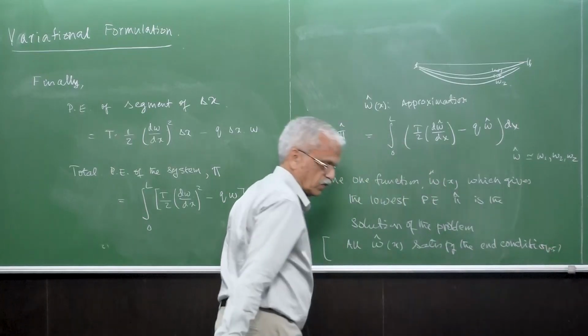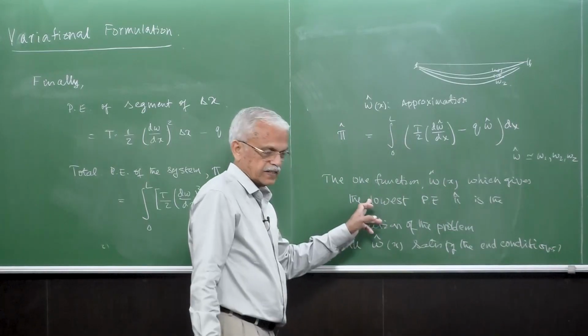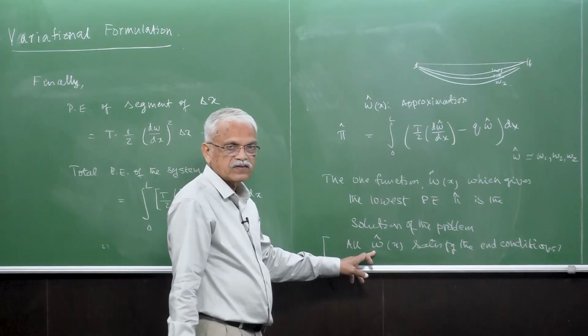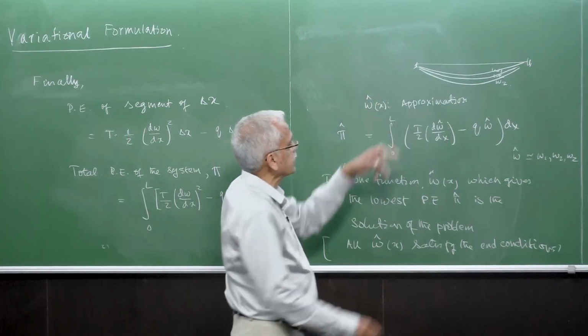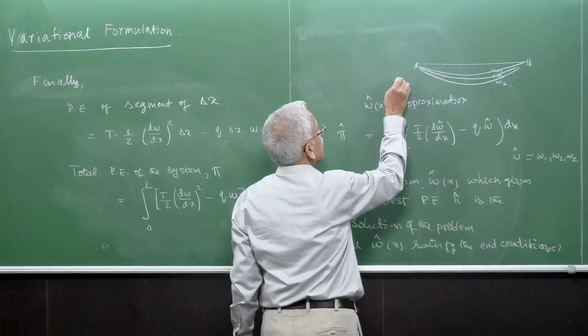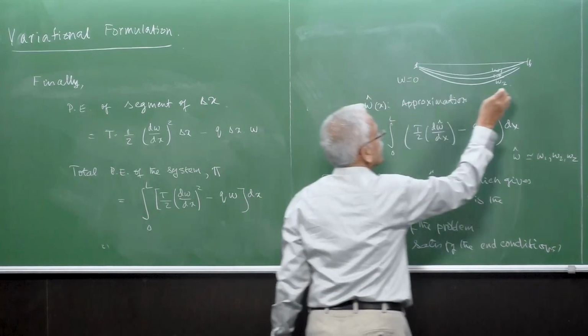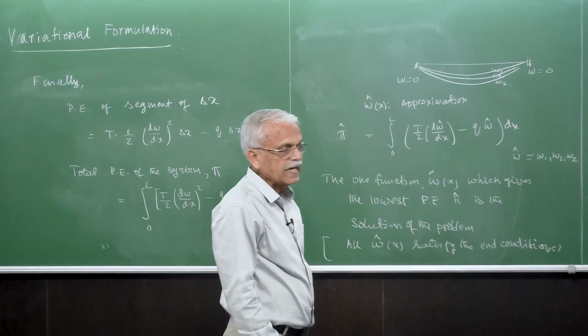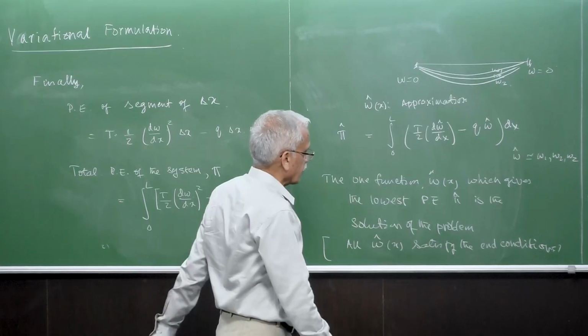In fact, I should modify this statement saying that out of all W hats which satisfy the boundary conditions here, what is the boundary condition here? So that is W is equal to 0 here, and W is equal to 0 at x is equal to L. So these are the two boundary conditions.